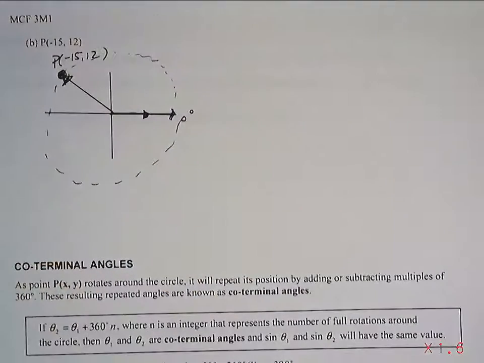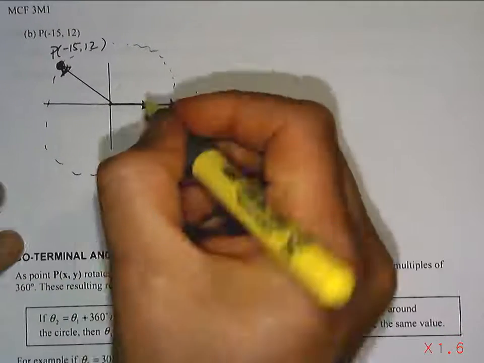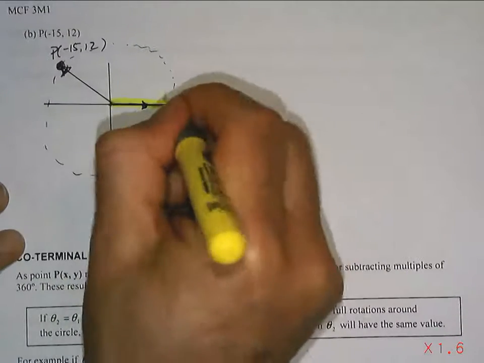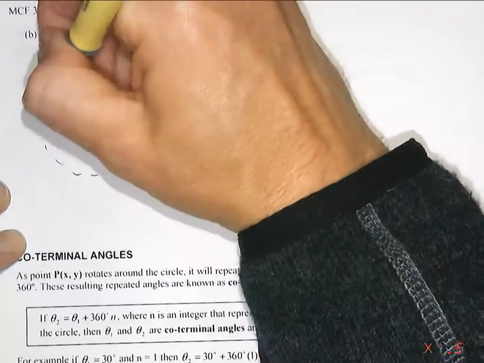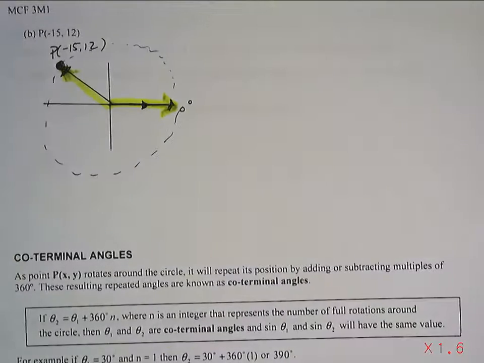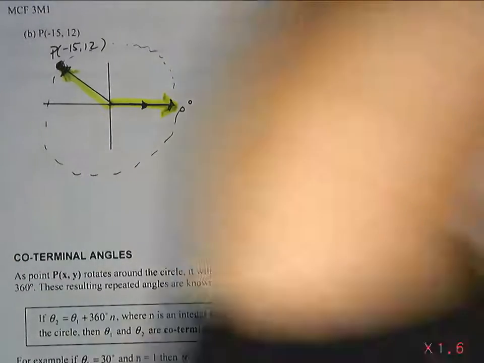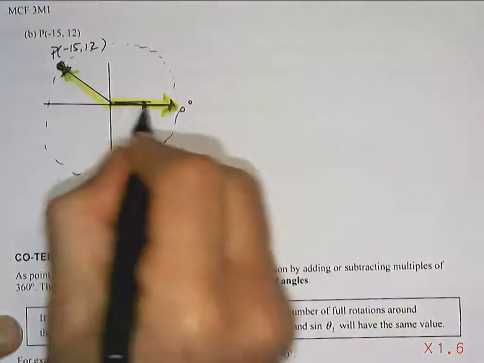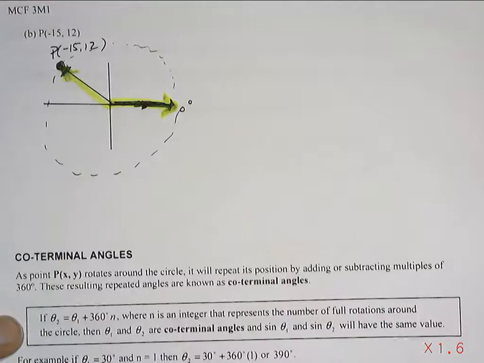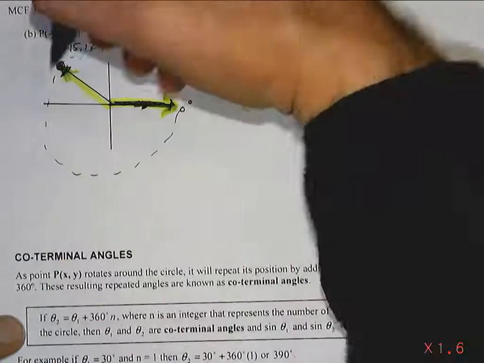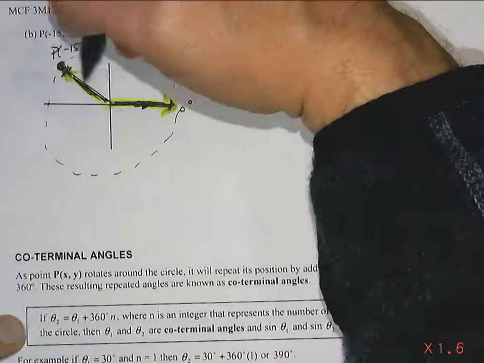So using a little bit of a highlighter because it might be easier. So we're taking this and we're stopping there. So we're rotating all the way around.